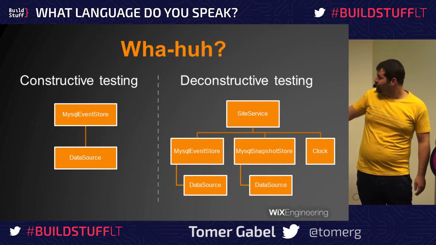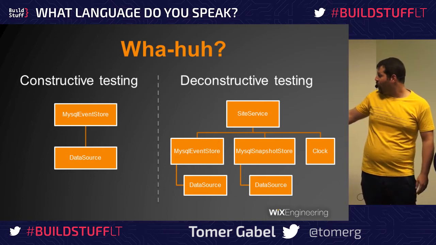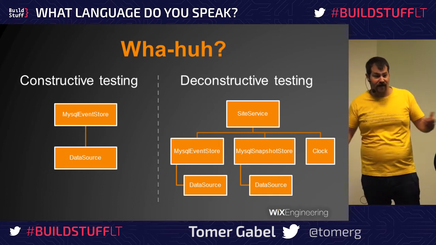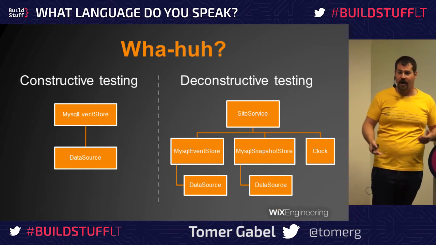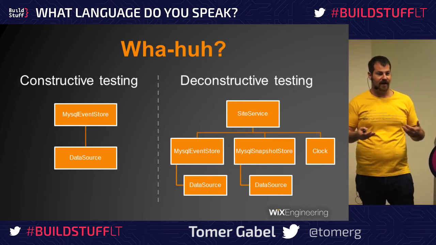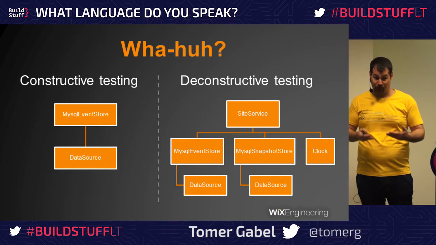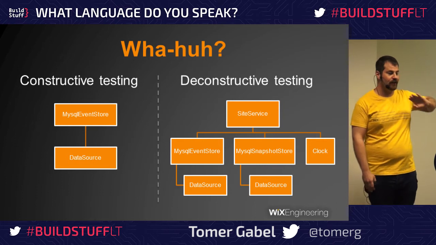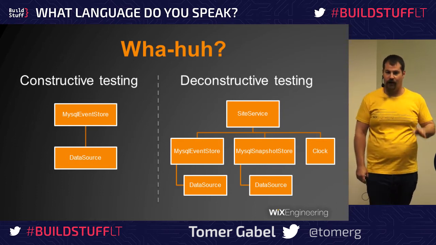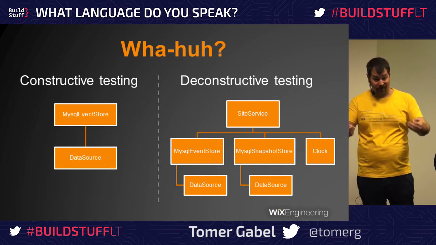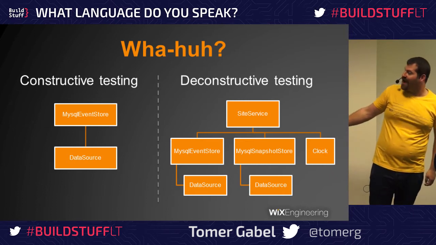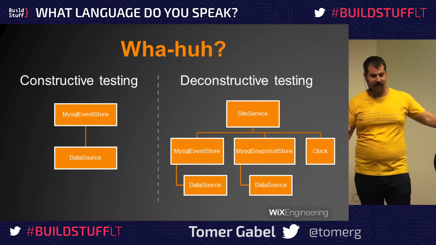So I need to replace a different store with a mock, and because there's a clock involved, I need to replace that with a fixed clock for testing instead of the system clock, and I need to worry about all of those things that have side effects when my test code actually runs that are completely unrelated to the thing I'm actually trying to accomplish, which is to build up and test a unit that stores events on MySQL, right?